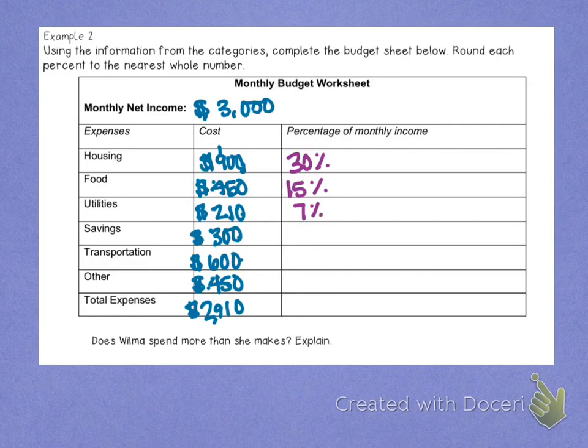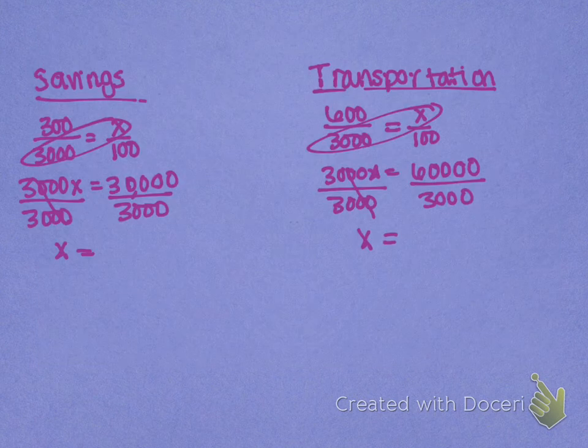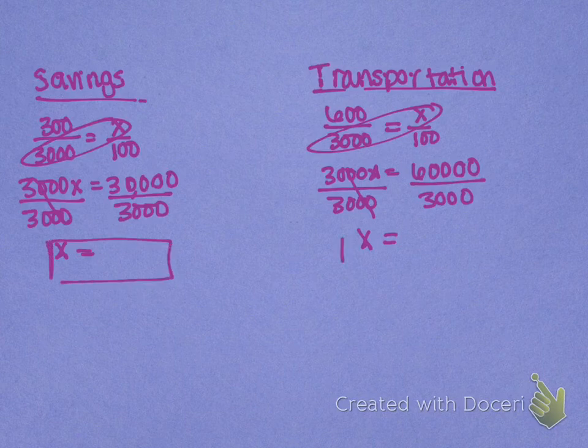Okay, go ahead and press pause and do savings and transportation, then press play when you have finished. Okay, so here is savings and transportation, your ratio, and then your cross multiplication. You need to find your percent on your own.